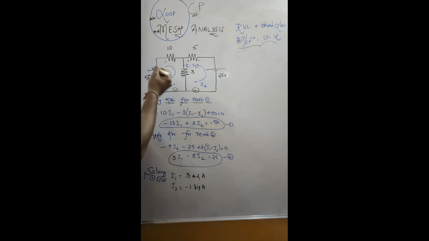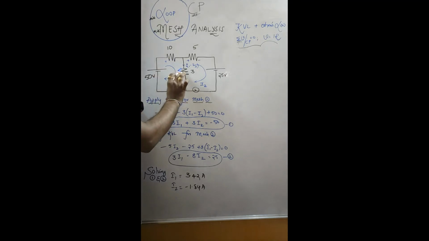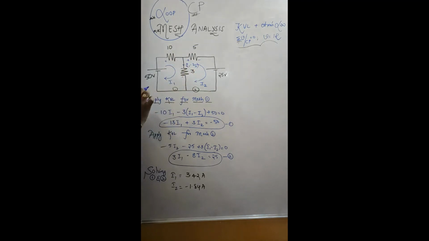For each and every resistor I may assume polarities, positive, negative, like this. This traveling current is I1, this one is I2. In between these two meshes, the current can travel as I1 minus I2, the difference of those currents, because it's in the shared branch.